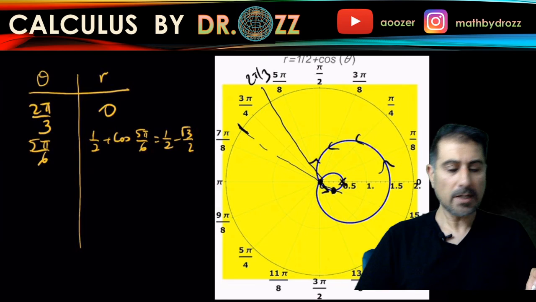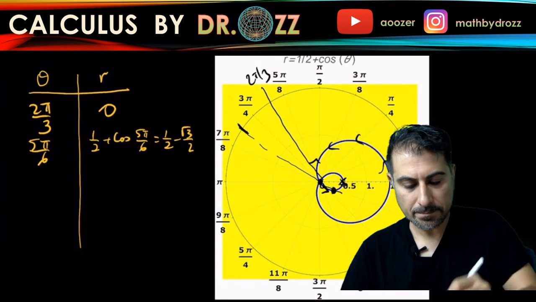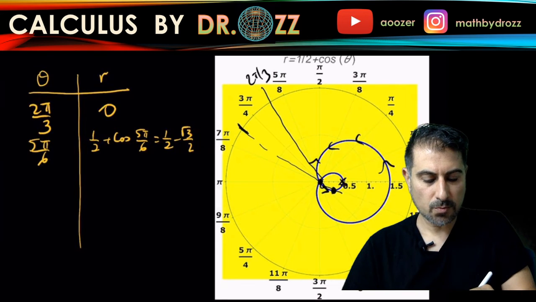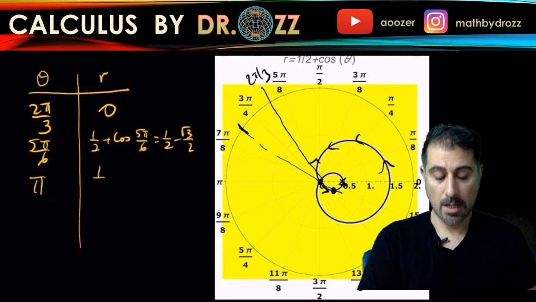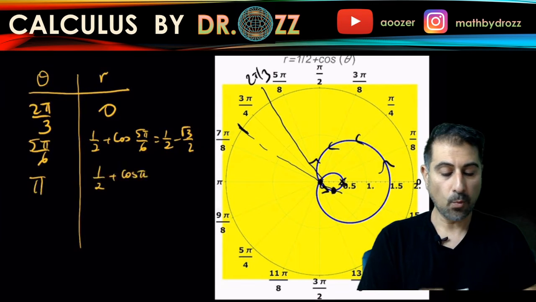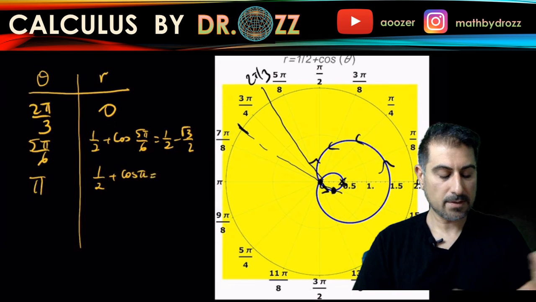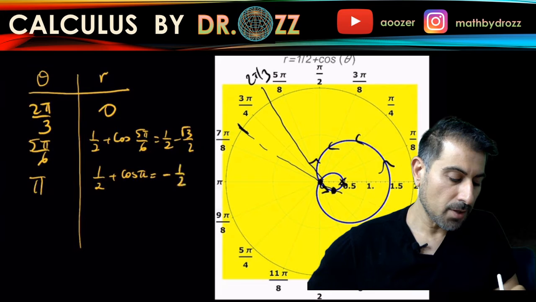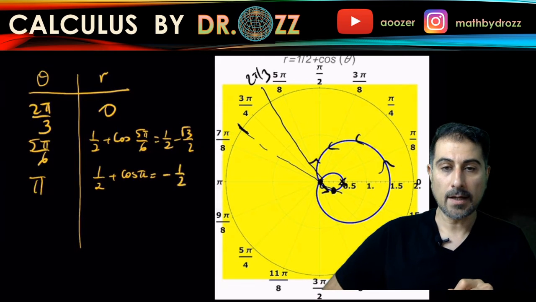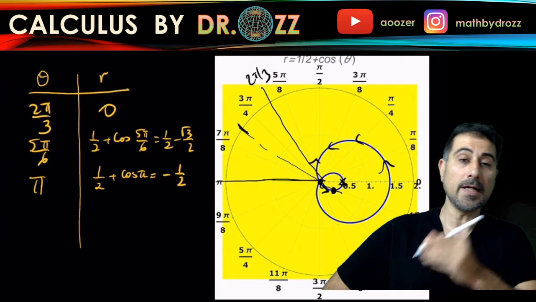Okay. So why don't we go ahead and look at pi. And this is 1/2 plus cosine pi. And cosine pi is -1. So we get -1/2. That's awesome because when I'm on this ray, I'm walking 1/2 units in the other direction.